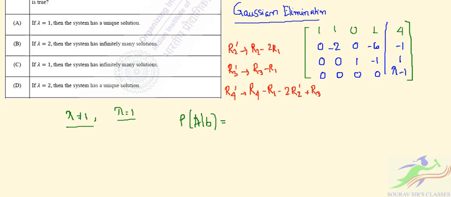Under the condition lambda not equal to 1, the rank of the augmented matrix will be 4 and the rank of the coefficient matrix will be 3.